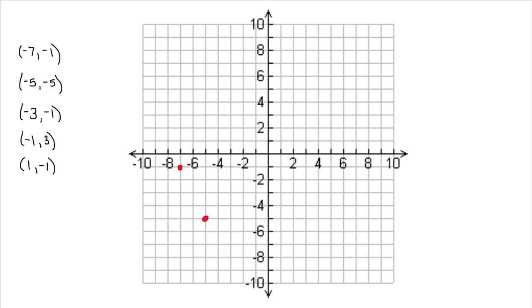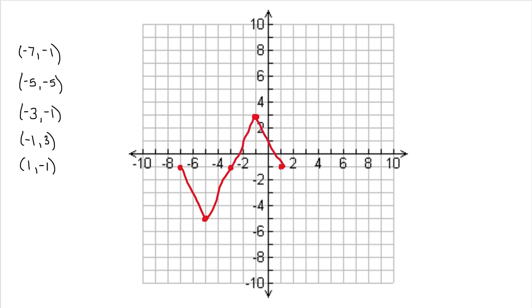Negative 3, negative 1. Negative 1, 3. 1, negative 1. So these are my new ordered pairs, and I'm just going to connect the dots here.